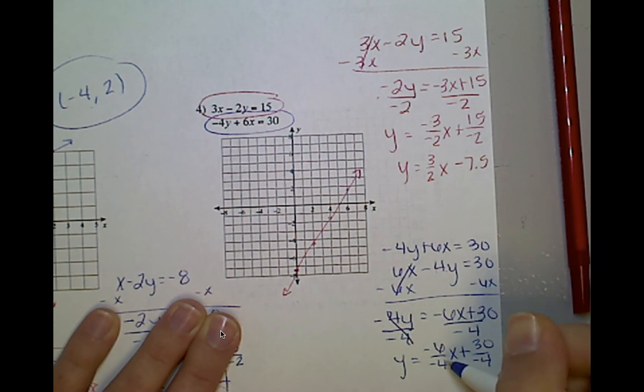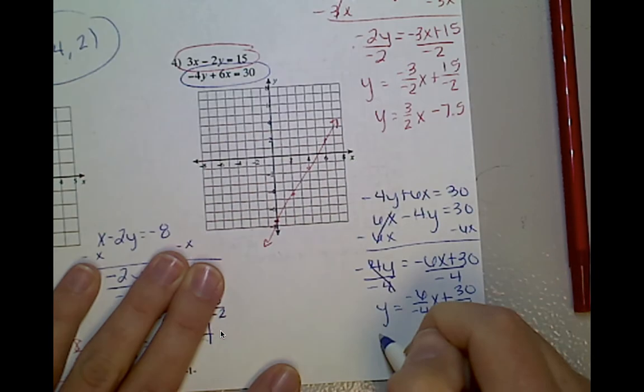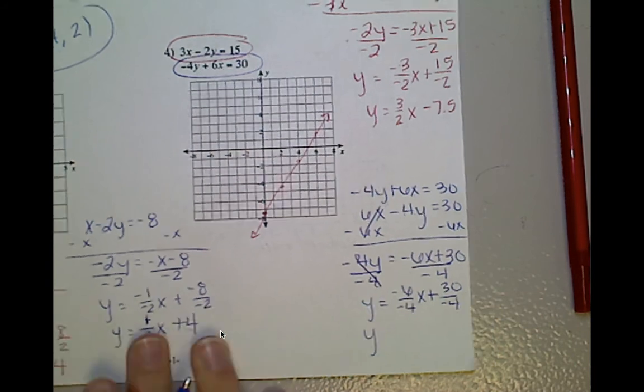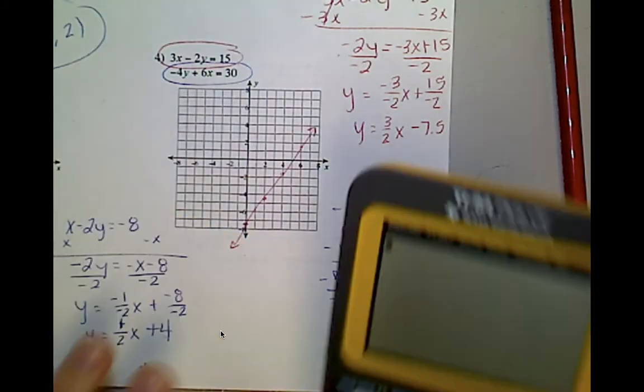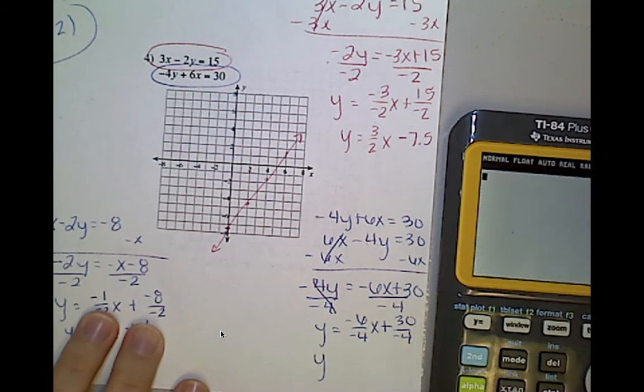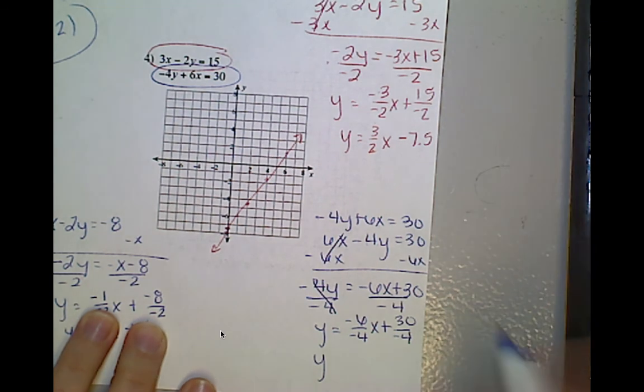Okay, -6 divided by -4. When I type that in my calculator, let me get a calculator and show you. I always put stuff in my calculator so that way my calculator would do the work as far as reducing. Okay, so we got -6 over -4. It reduces to 3 over 2.